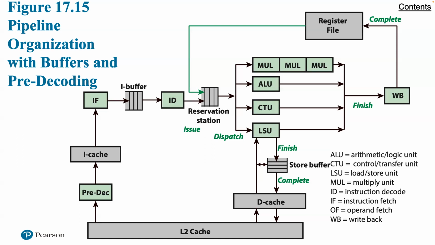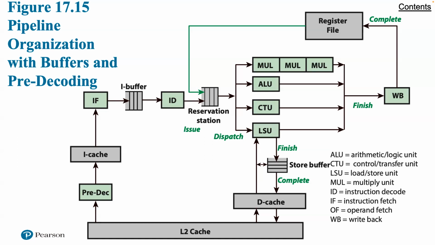The pre-decoder offloads some of the tasks of the instruction decoder stage to avoid the ID stage becoming a bottleneck, as previously discussed. The function of the instruction decoder includes decoding the opcode and operand fields, evaluating dependencies and hazards.